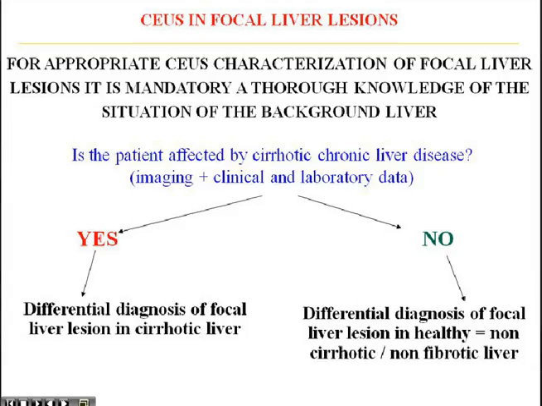So the key point is that by contrast imaging, we are able to assess the vascularization of the lesion. The second point is that we should not think of ourselves as physicians looking at images only, because this would probably cause very many false diagnoses. We should be physicians.